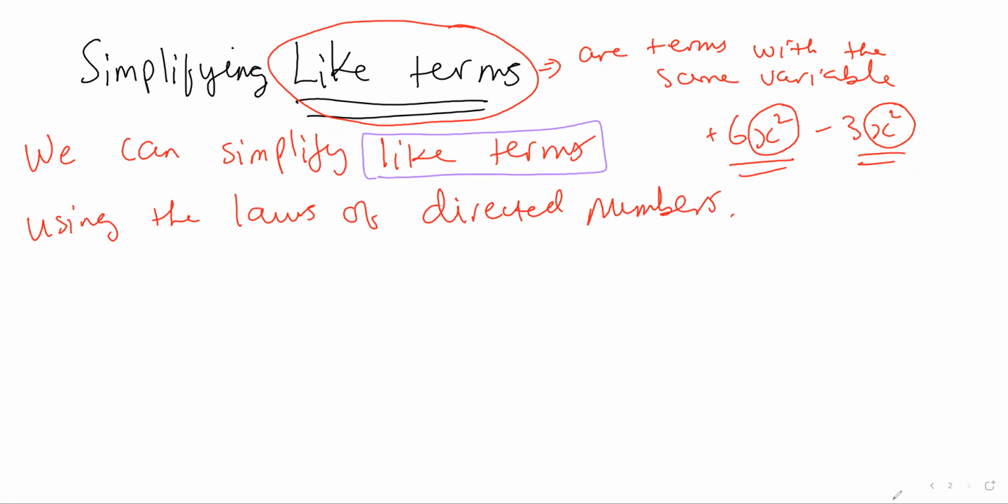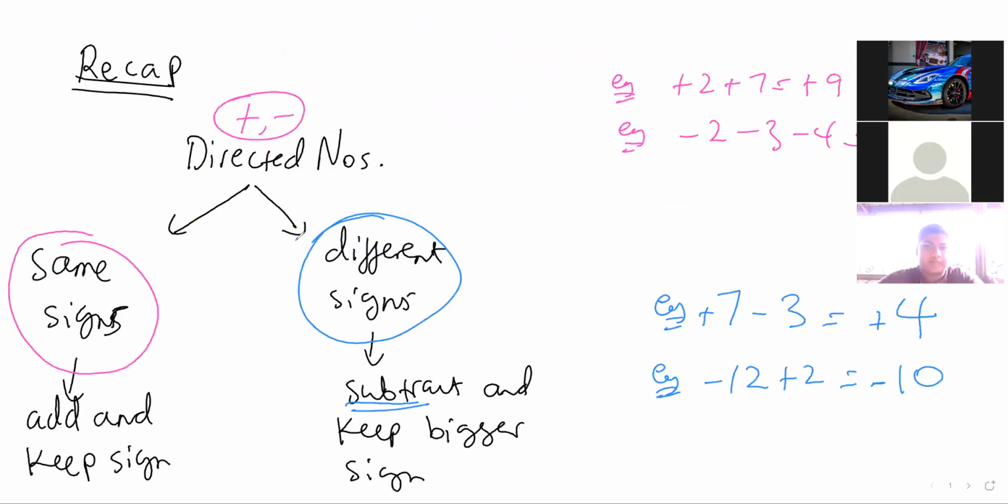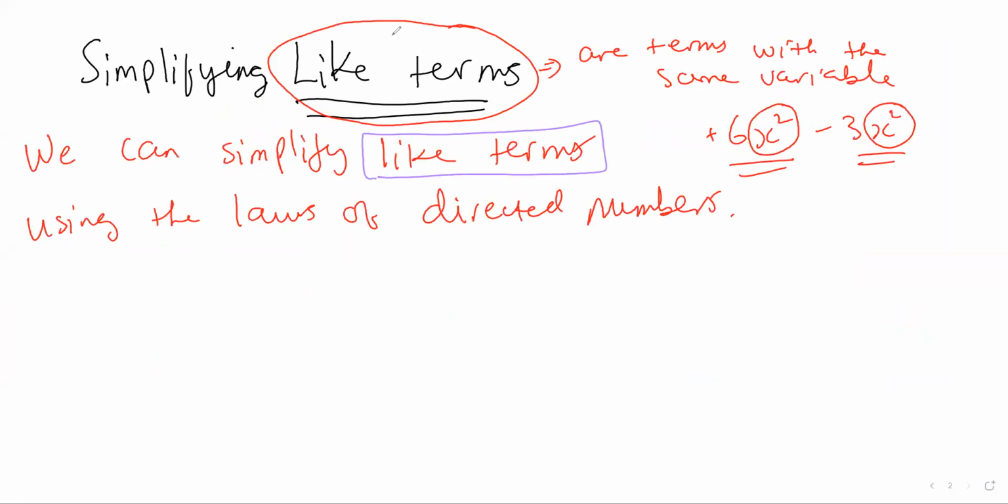Right, so go back a step. What are the laws of directed numbers? Two laws: same signs and different signs. So as long as we can identify like terms anywhere, we can simplify those like terms, and we simplify them only using the laws of directed numbers. So we're going to move on to some examples now, right?